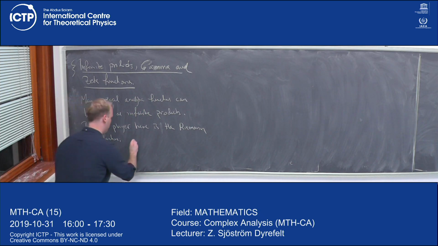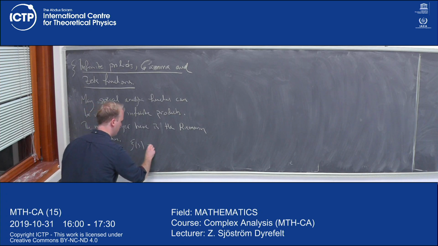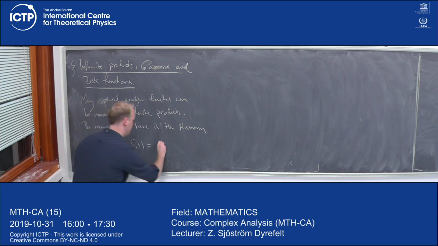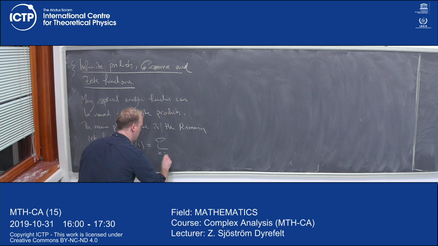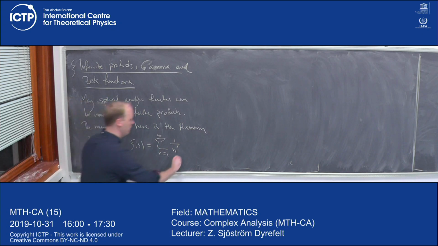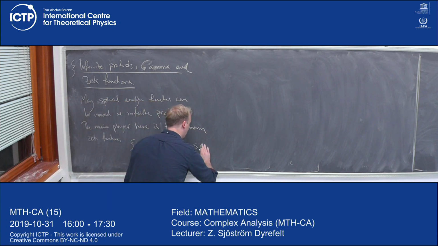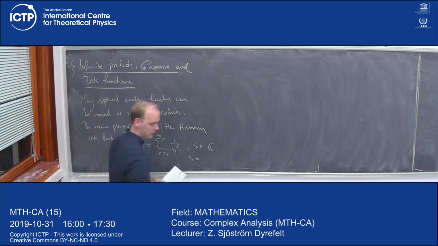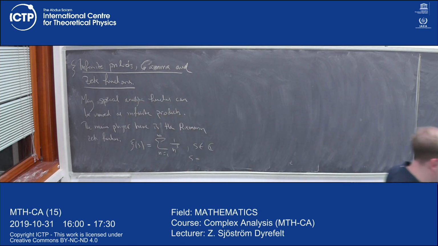And it's defined in the following way. It's defined as the sum from n equals 1 to infinity of 1 over n to the power s, where s is a complex number. I can prove to you that I'm using the original notation from 1859.